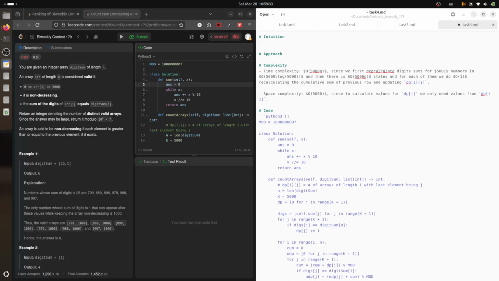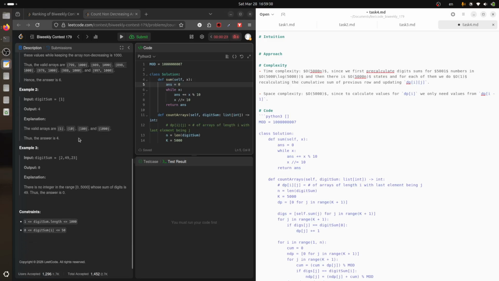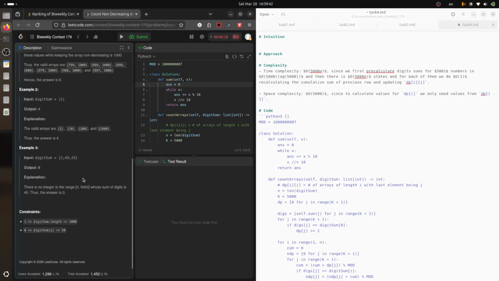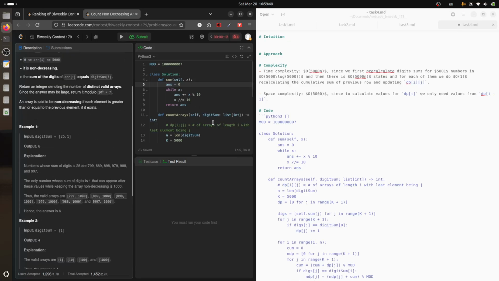So the problem essentially boils down to the fact that the range of numbers is 5000 and the length of the array is 1000, so we can multiply those, and that's a hint.